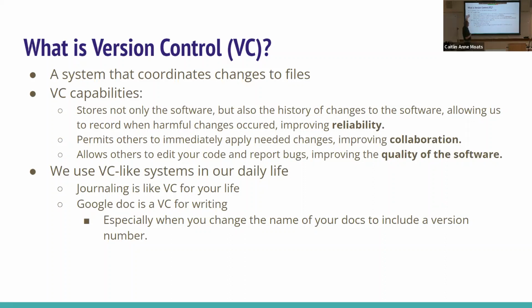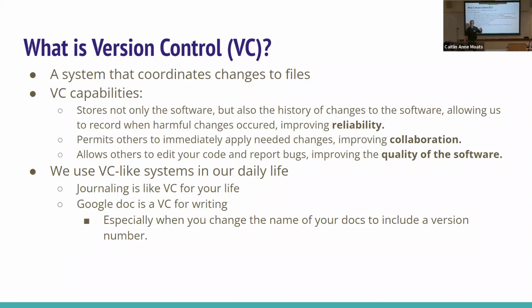So yeah, some of the capabilities of version control: not only stores the software, so the code, but also, as we begin to discuss, the history of changes to the software, and that allows us to record when perhaps harmful changes occurred, and so that helps improve reliability of your software and really of the process of building the software. Also permits others to immediately apply needed changes.